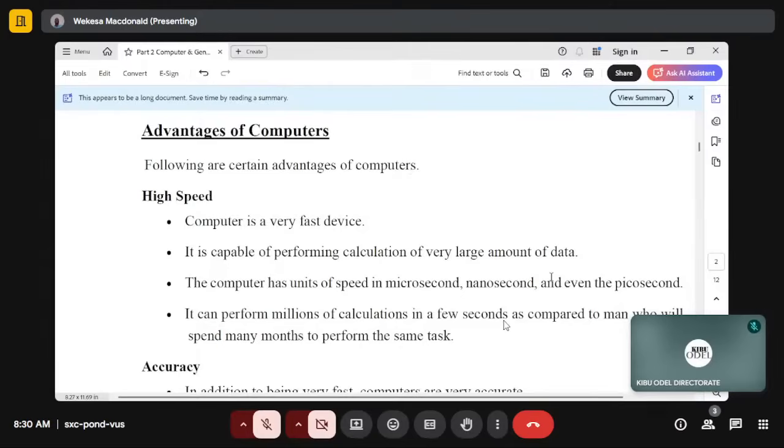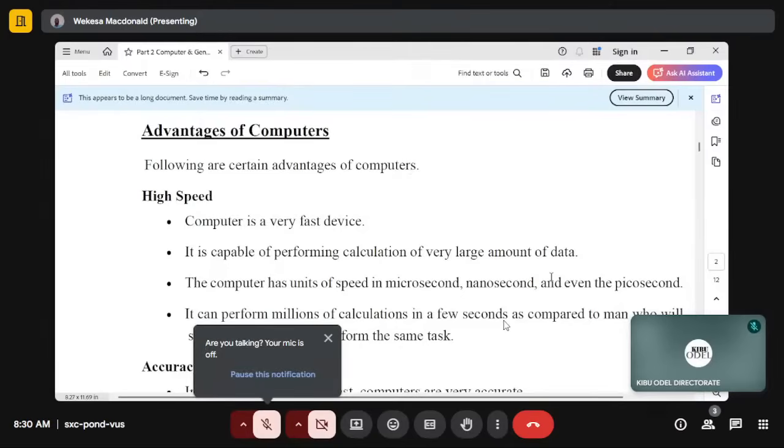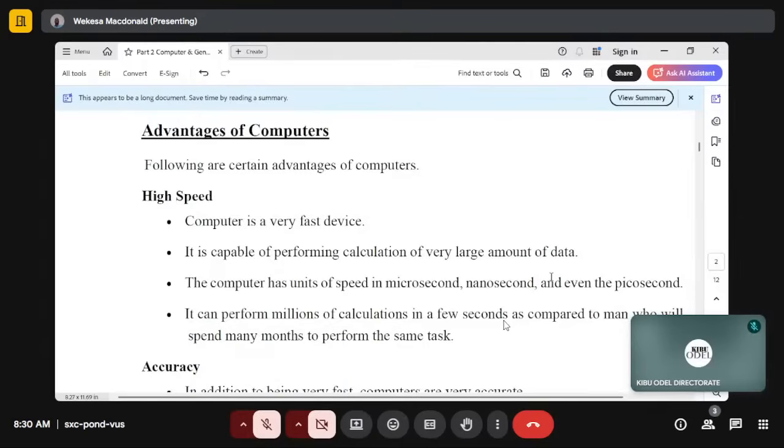Some work in nanoseconds and even picoseconds. It can perform millions of calculations in a few seconds as compared to man, who might spend many months to perform the same task. So the first advantage of a computer is the speed compared to a human being.